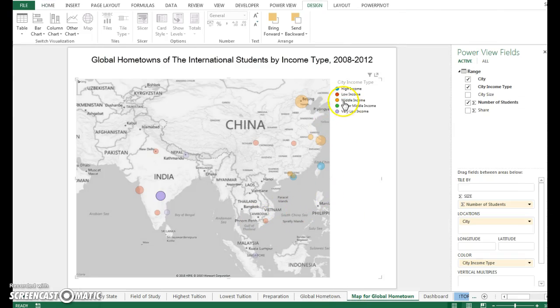As you can see from this map, each bubble is in a different color by city icon type. The bigger the bubble is, the more students are from their place.